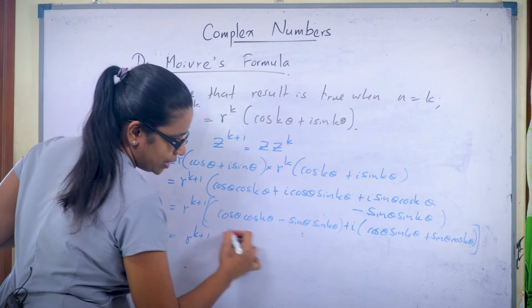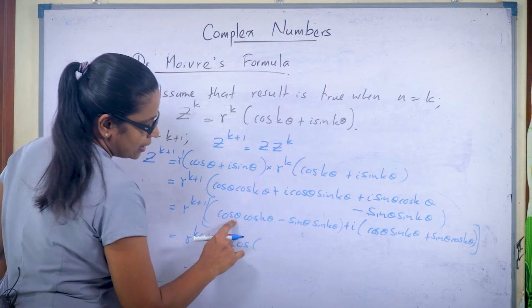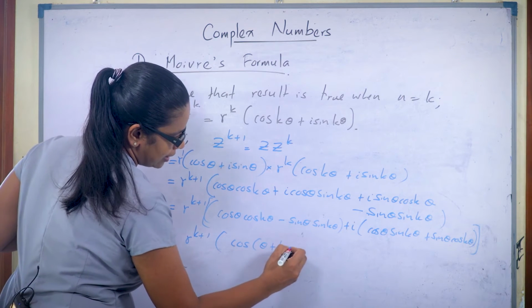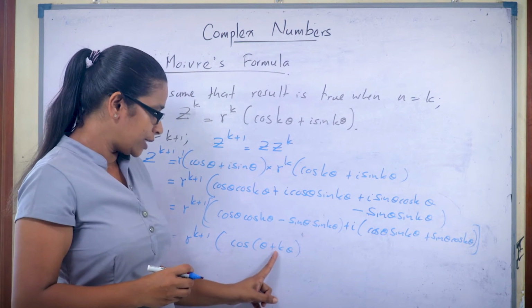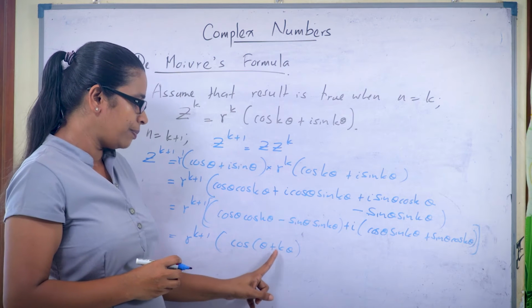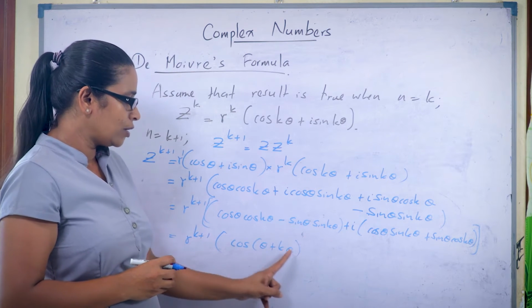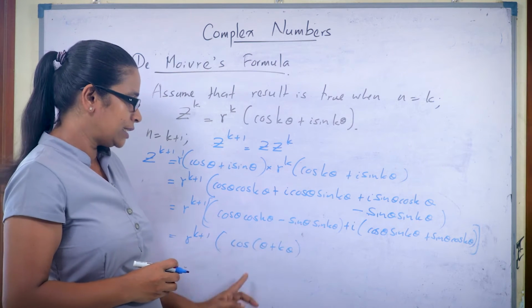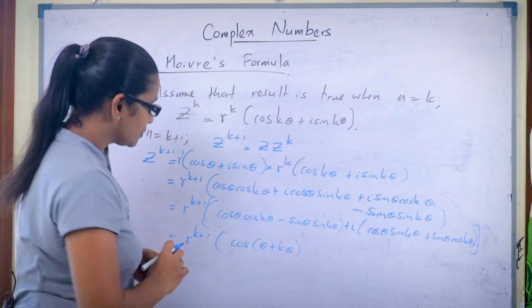Instead of these terms you can write cos of theta plus k theta. Can you understand? When you get this formula cos(theta plus k theta), you can write cos theta cos k theta minus sin theta sin k theta, that is these two terms.